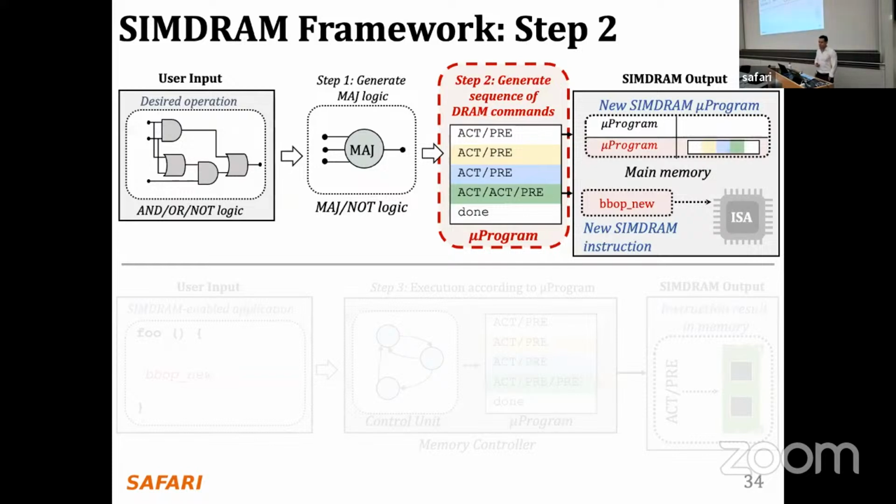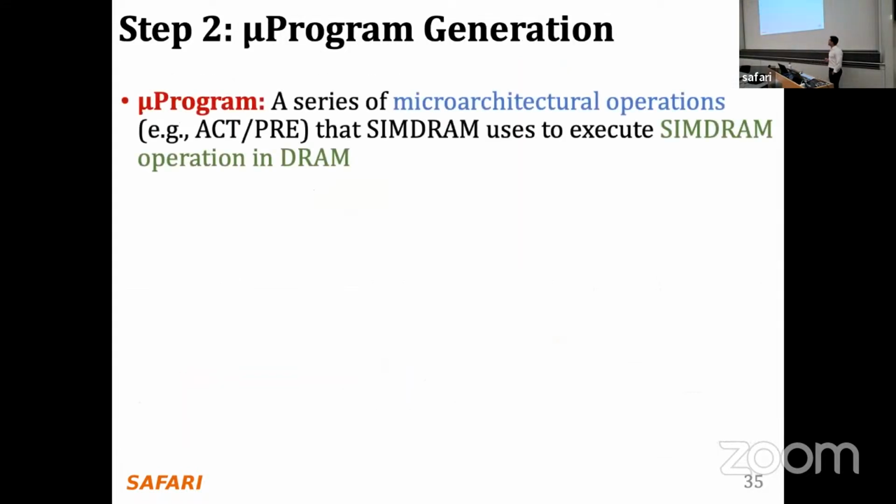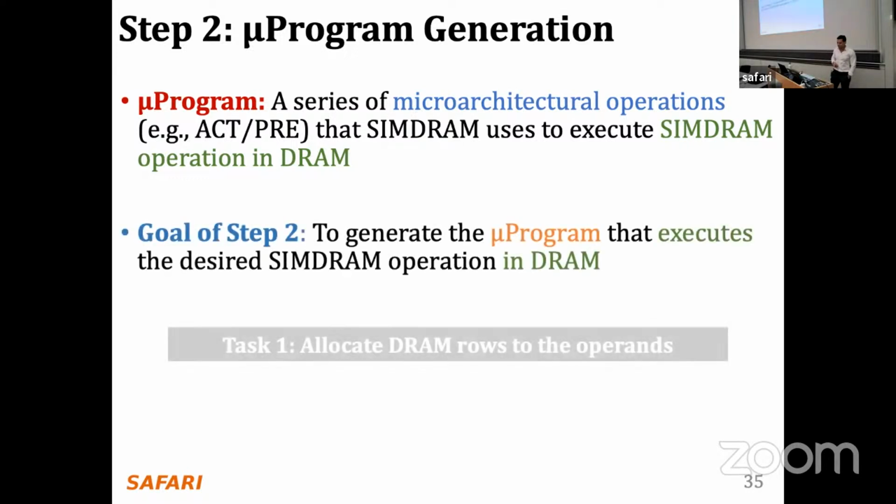Then we move to the second step, and the goal of the second step is to generate this recipe, which I mentioned we call a microprogram, which dictates how I can implement this majority-inverter circuitry in DRAM using in-DRAM row copies and activations only.